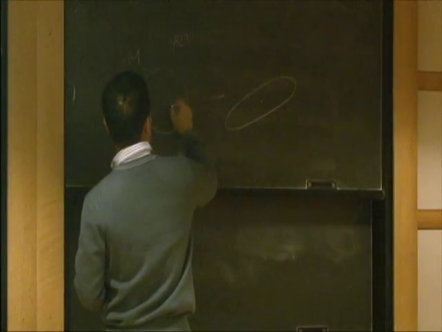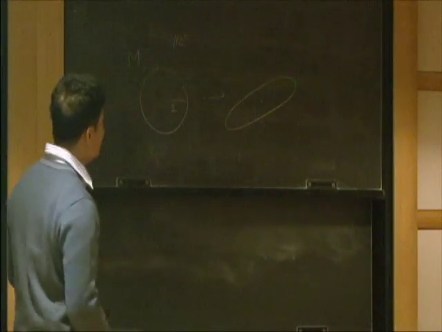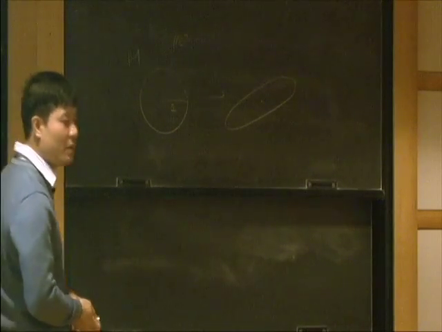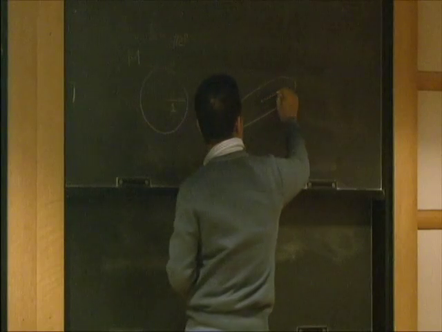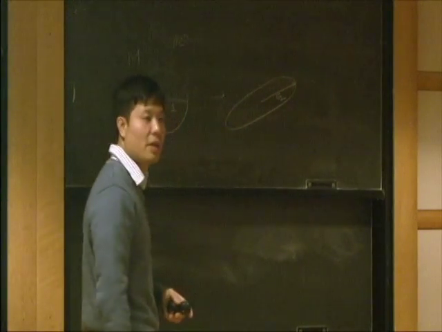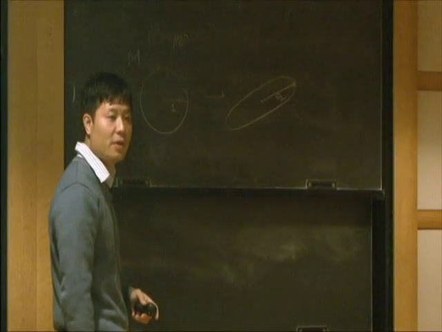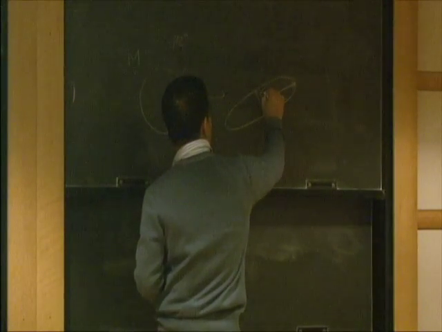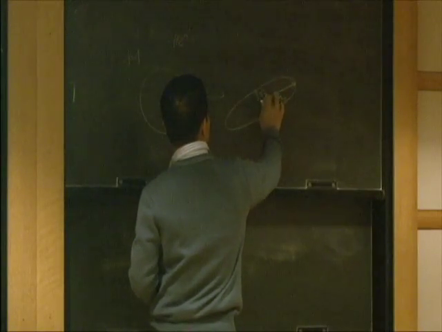Say we take a unit ball, and the ellipsoid will be very long in some directions and very short in others. The longest direction is represented by sigma 1, the largest singular value, and the shortest direction is sigma n.